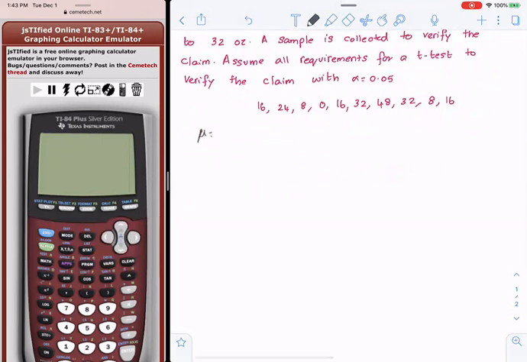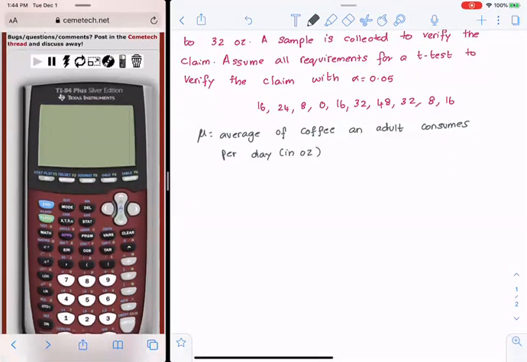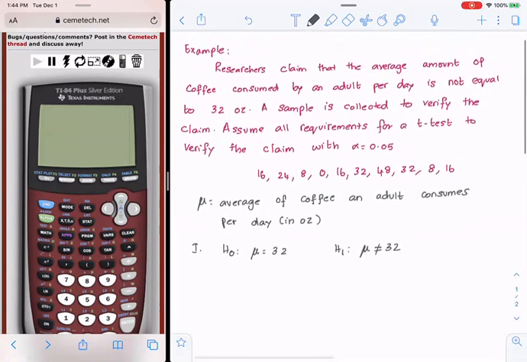So mu is the average amount of coffee an adult consumes per day, and the null is mu equals 32 ounces, and the alternative is mu not equal to 32 ounces.